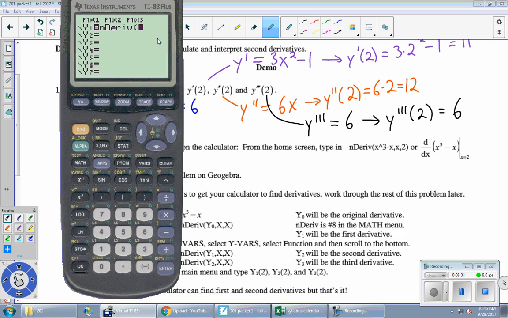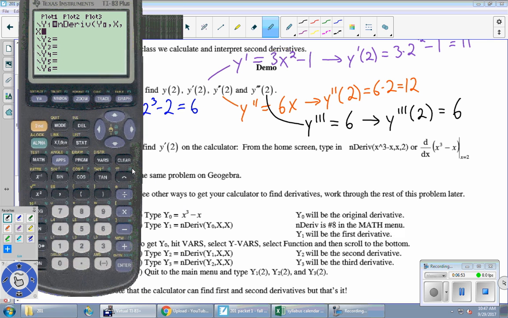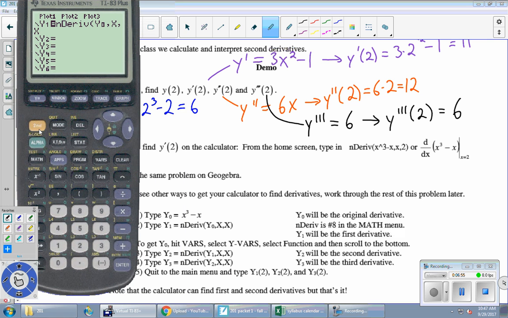It was all the way at the bottom, which is called y0. It's inside of Y-VARS, and the first option is Function. And then all the way at the bottom, we'll find y0. And so it says, take the derivative of the function that's typed down there at y0, comma x always. And then comma, you could put a 2 right here, but I'm actually going to do something more general. I'm going to put an x. Okay, so that's fine there.